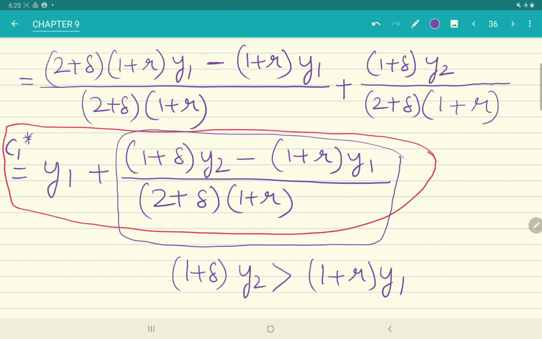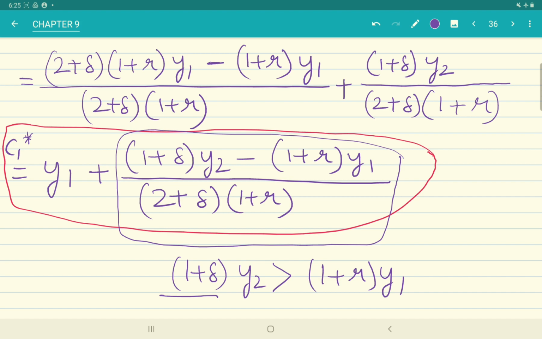And now clearly this is the more likely case, because here you are comparing 1 plus delta multiplied by y2 with 1 plus r multiplied by y1. More often than not, in a student scenario, the expected future income is considerably higher than the present income. So y2 is much higher than y1.